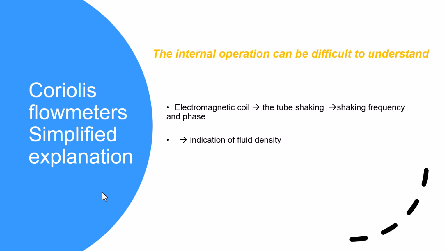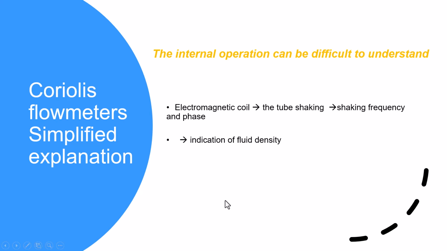First, we should understand the operation of the Coriolis flowmeter, but it's difficult to understand the internal operation, so we just talk about it simply. In every Coriolis flowmeter, an electromagnetic coil, called the force coil or exciter, drives the tube shaking.